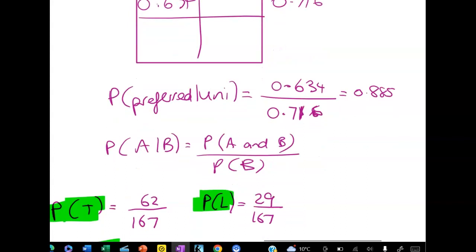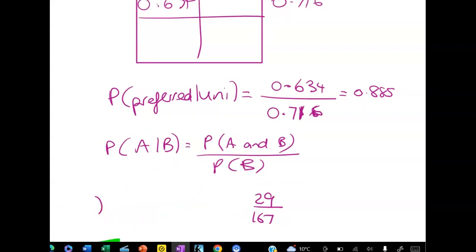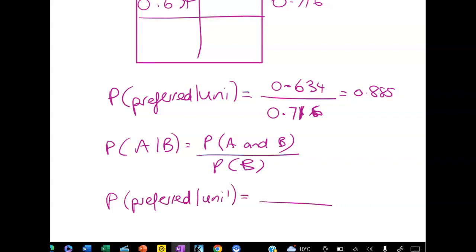Now we do it again. I'll just get rid of this from the last video. But this time we're doing, what's the probability, given that someone's not going to uni, that they are following their preferred career pathway? So the numbers we're going to use here, it's going to be 0.284 for the denominator, the probability that someone's not going to uni. And here it's going to be 0.253.